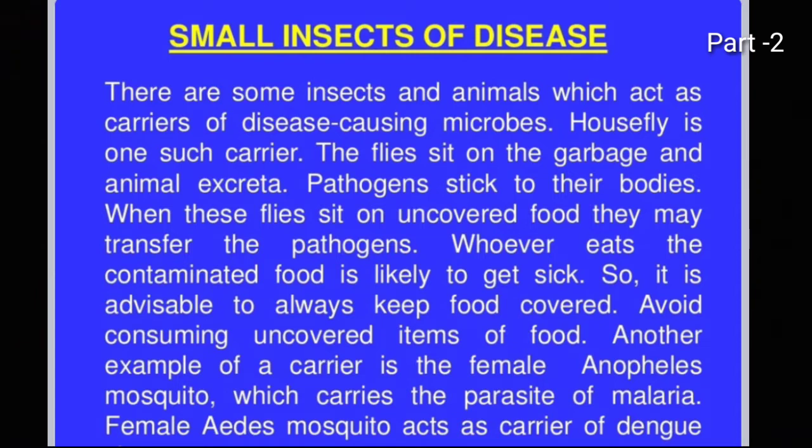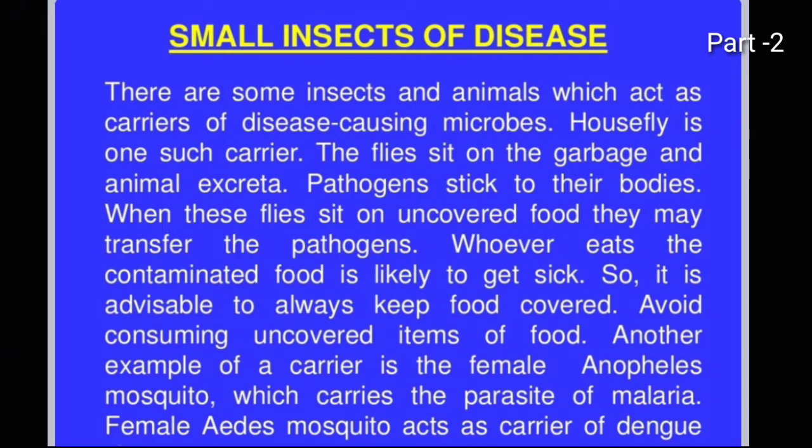So it is always advised to keep food covered, and we should not eat food or any other eatable item which is not covered, whether in restaurants, at your homes or any other places. Avoid consuming uncovered food as it might be infected by pathogens.